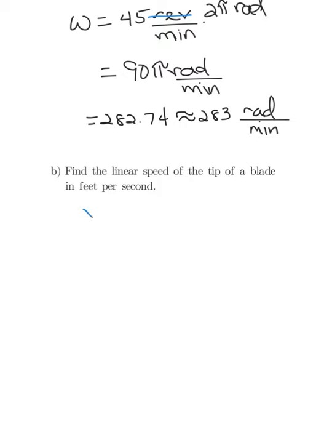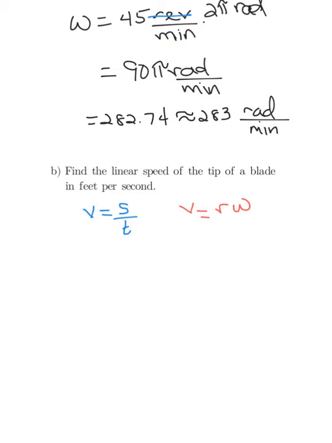We have V equals S over T, or we have V equals R times omega. So what we have to do is think about what kind of information are we given in this problem.